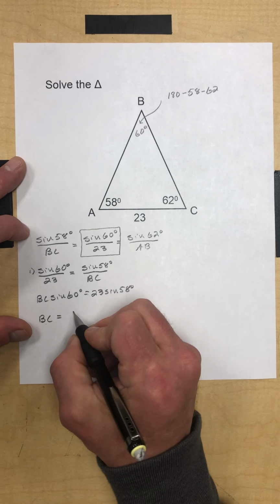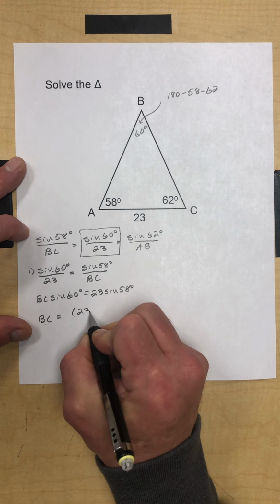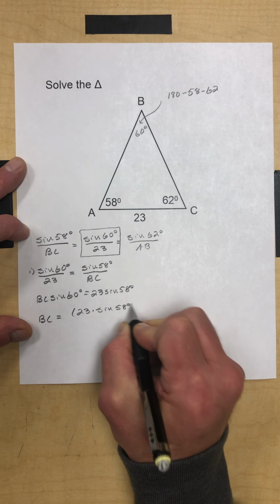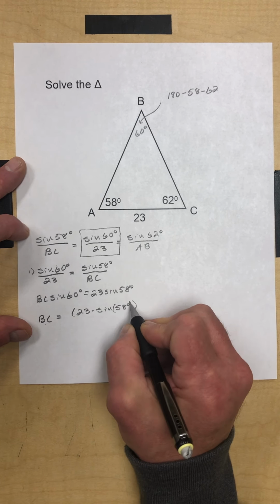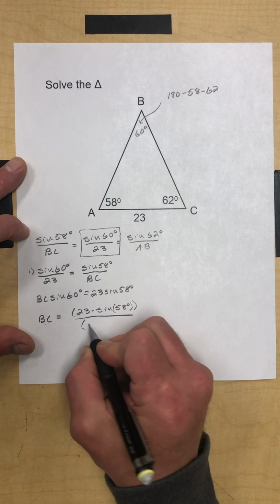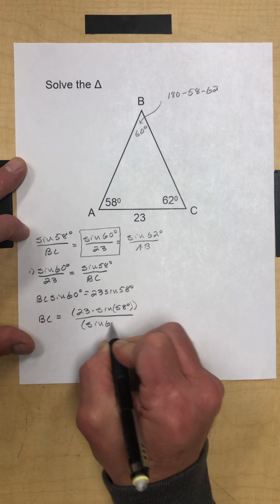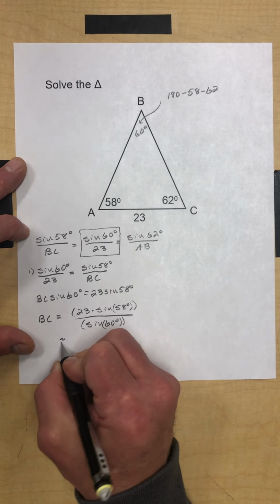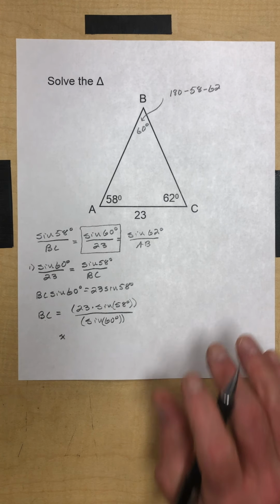Okay, so let's see, I'm going to have parenthesis 23 times the sine of 58, and I'll need double parentheses there, all divided by the sine of 60, so I need parenthesis, sine of 60 degrees there, and I'll leave my parentheses in here, and then we just punch that in.